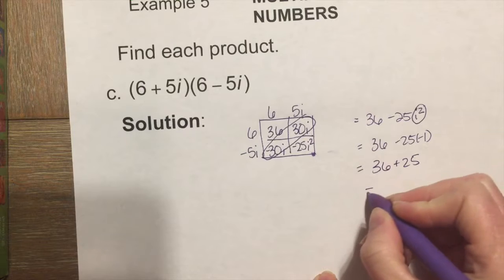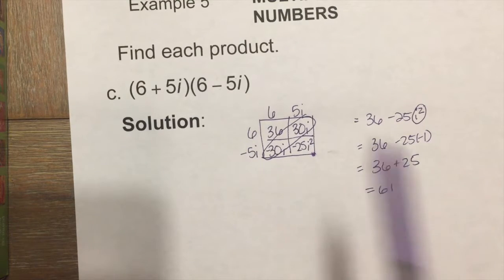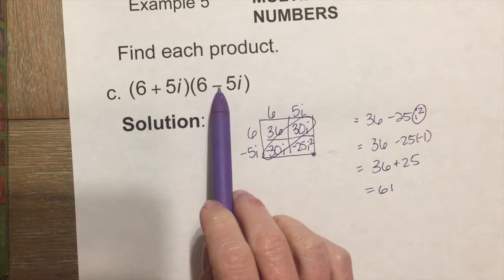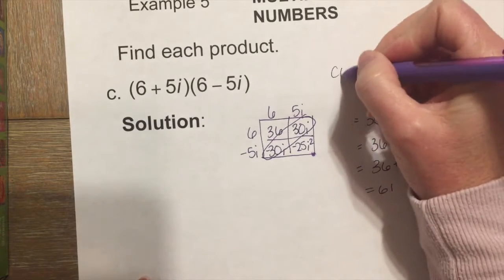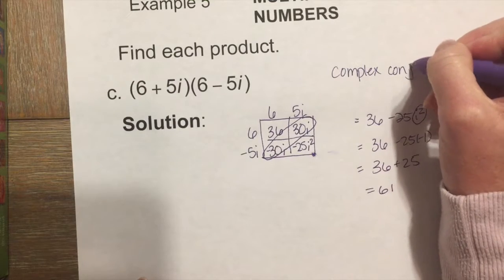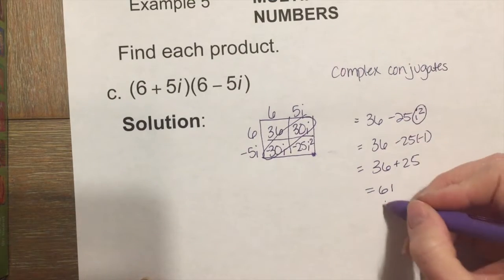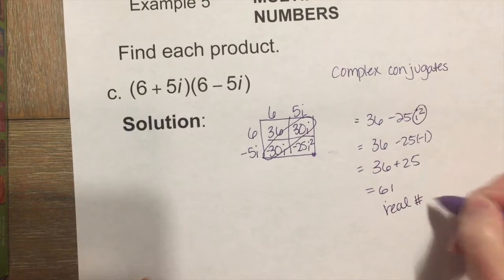And interestingly enough, when I get done, I only have the real number part of my complex number. I only have the 61. So when you multiply two complex conjugates, you'll notice that your answer is going to be a real number.